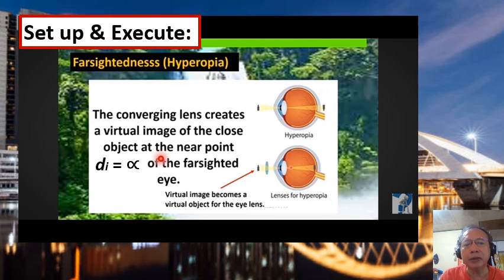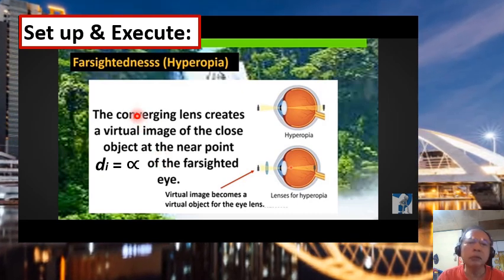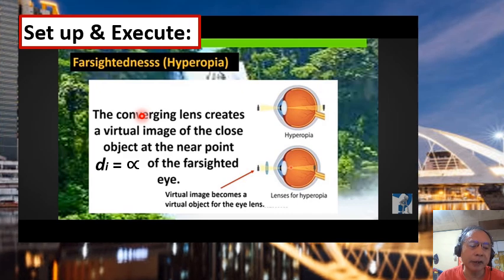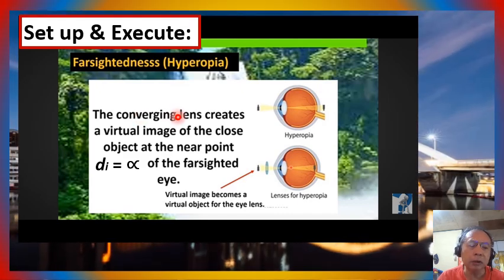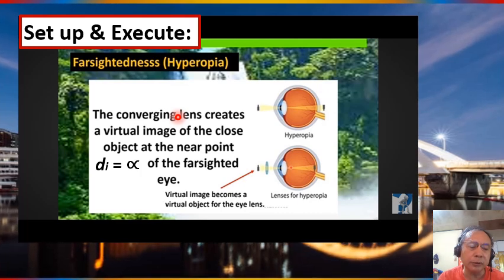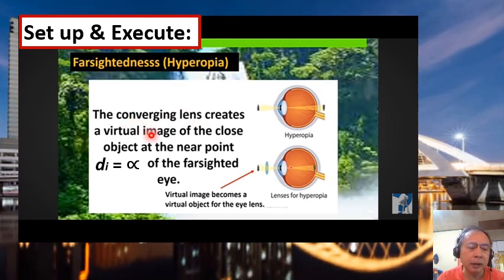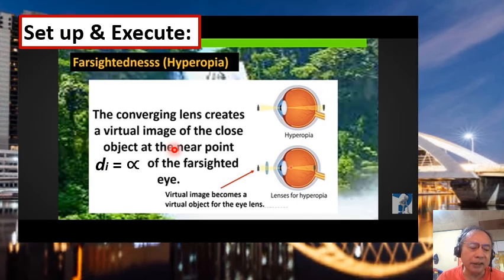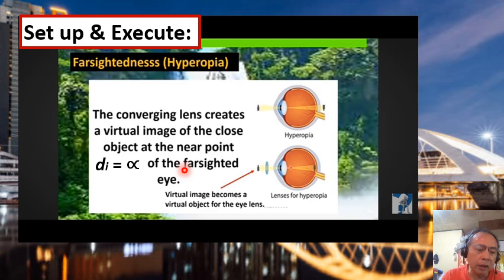Recalling our past lesson on vision defects, we said that for any natural farsighted or hyperopic eye, the image of a near or close object is formed not on the plane of the retina, but behind the retina. So the vision is blurred.